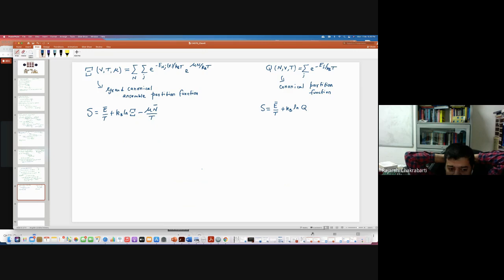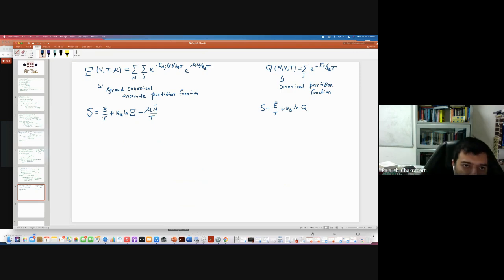So essentially all the ensembles are equivalent. Depending on your experimental setup, you go for a particular ensemble, but you can calculate thermodynamic quantities using any ensemble, they will be the same. We call it equivalence of ensembles. Very loosely I'm talking. Okay, is this clear?